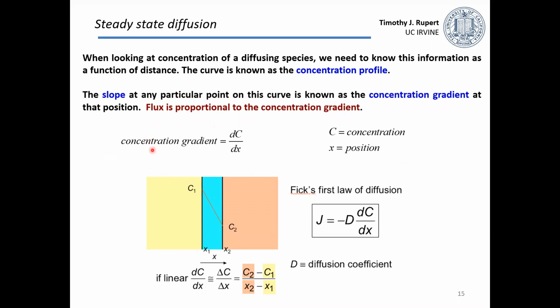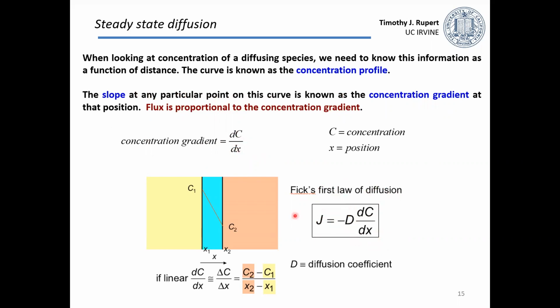So that flux is also proportional to the concentration gradient, so the derivative of concentration with respect to position. And this is how we end up with Fick's first law of diffusion. Okay? So it says that the flux is equal to negative our diffusion coefficient times that derivative dC/dx.